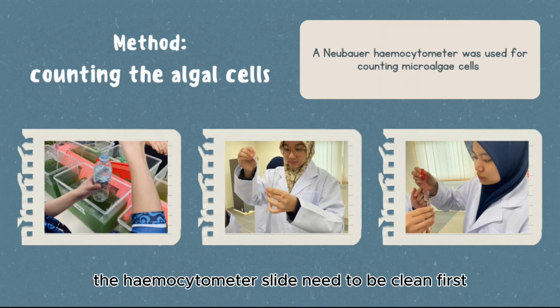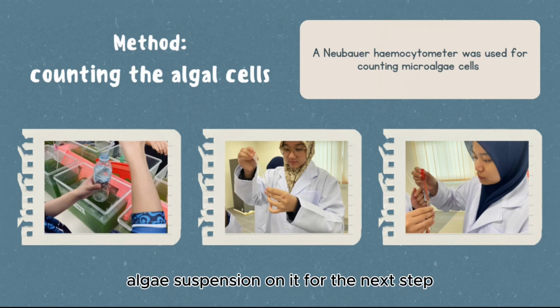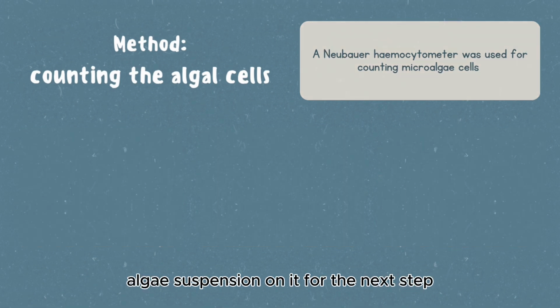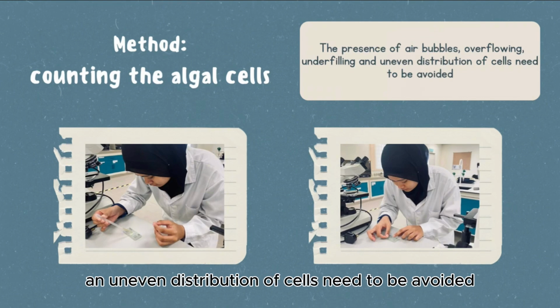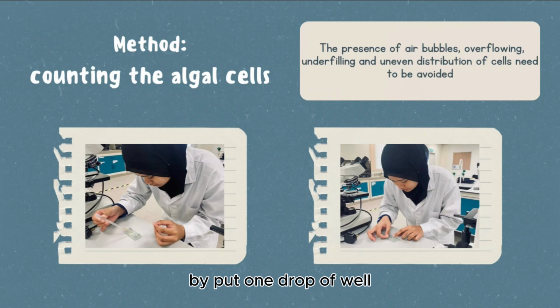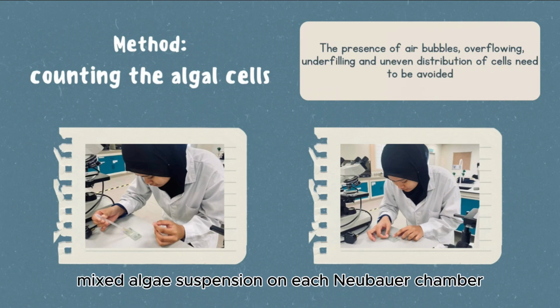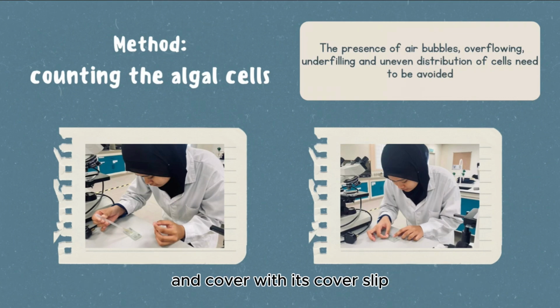The hemocytometer slide needs to be cleaned first before putting the mixed algae suspension on it. For the next step, the presence of air bubbles, overflowing, underfilling and uneven distribution of cells need to be avoided by putting 1 drop of well-mixed algae suspension on each Neubauer chamber and covering with its cover slip.